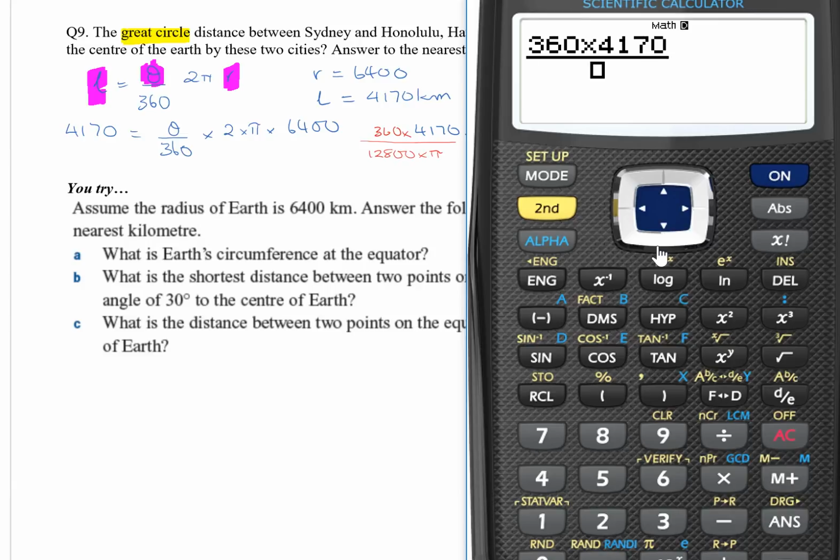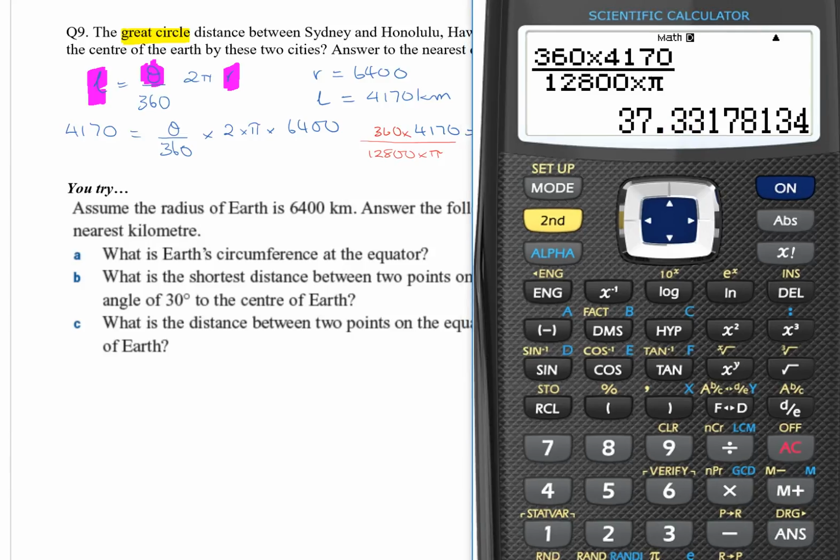This is the advantage of this calculator, in that you don't need brackets anywhere. And down there we want 12800 times pi. Nice. Finished? Press equals. So they're saying the angle at the centre between those two cities would be 37.3.